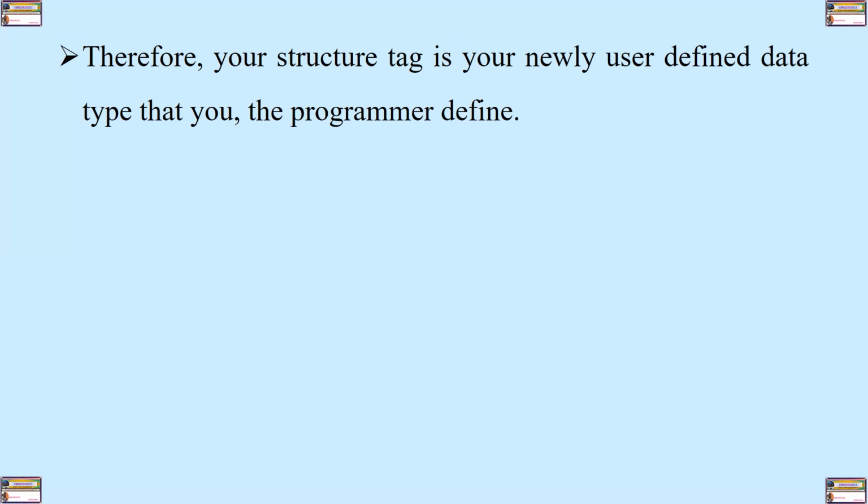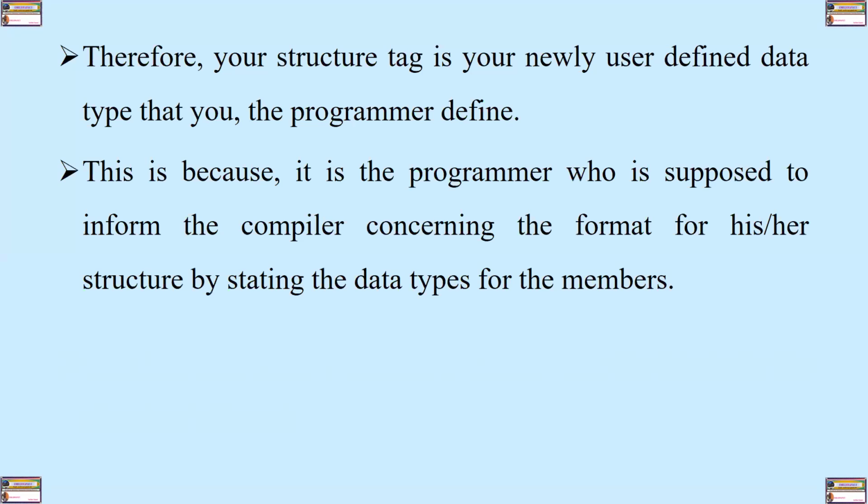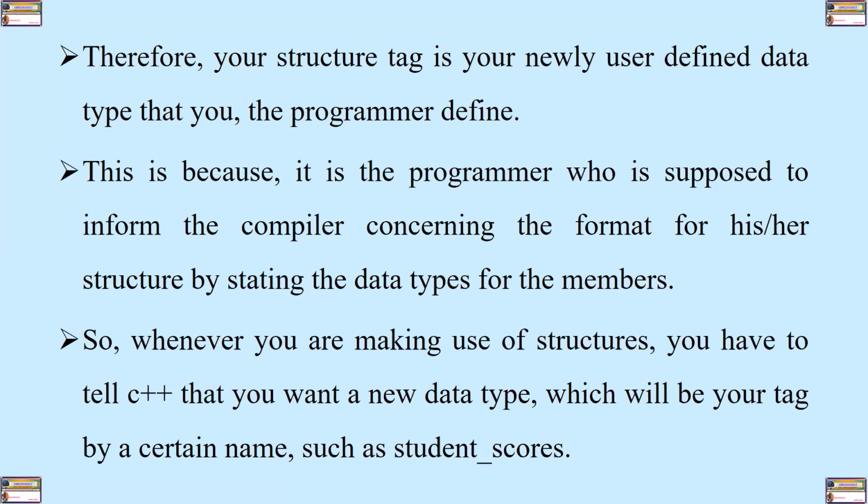And therefore, that structure tag that you have given to your newly user-defined data type is what is going to be of importance to the compiler. This is because it is the programmer who is supposed to inform the compiler concerning the format for his or her structure by stating the data types for the members.